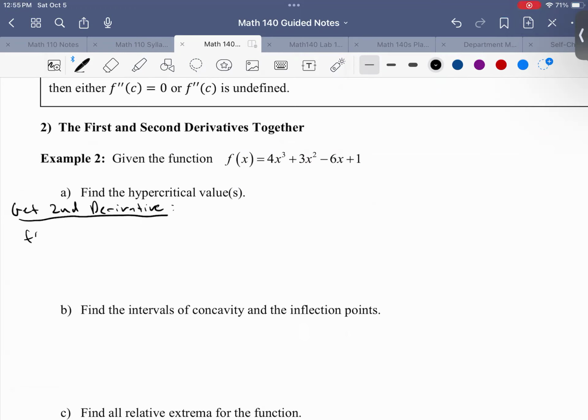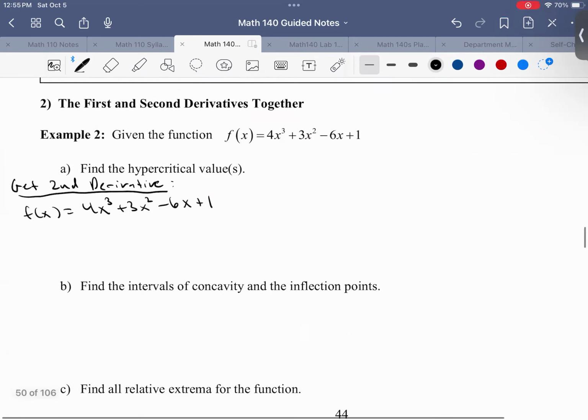Okay, so we have f of x equals 4x cubed plus 3x squared minus 6x plus 1. And the first derivative of this is going to be 12x squared plus 6x minus 6. And then I want to find the second derivative though.